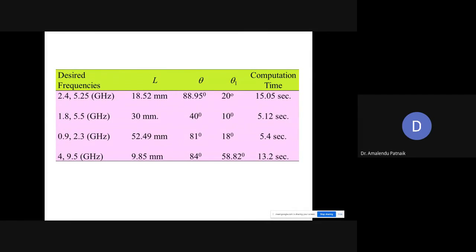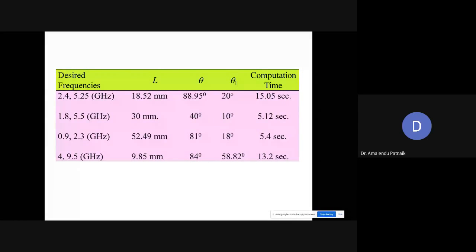We used those two particular things, and we used a trained neural network inside the optimization loop of a PSO, because of which we got this efficient method of antenna designing whose computation time is very less.